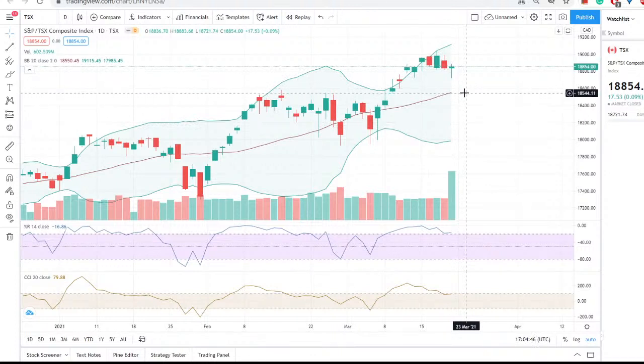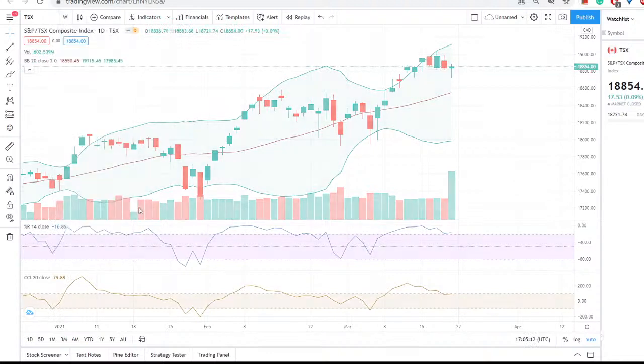But since it is yet to touch the mid Bollinger Band level, you could still expect some downtrend in the next week, probably on Monday, Tuesday, and especially the stocks from large to mid cap, you could expect downtrend.